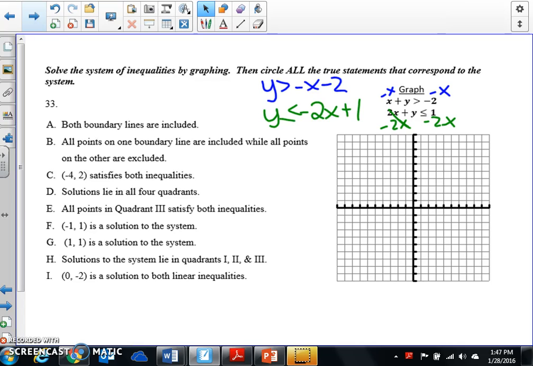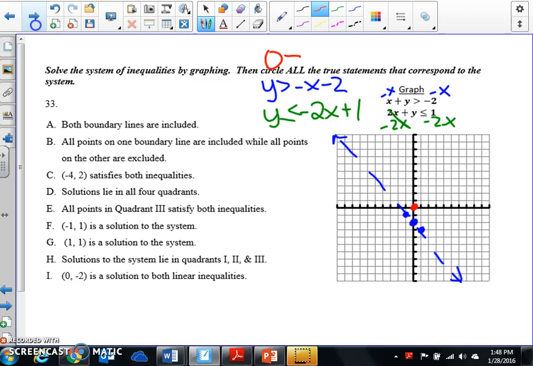Now I can graph. All right, so I go to the first one. My y-intercept is negative 2. My slope is negative 1, so I drop 1 over 1, up 1 over 1. It does not have an equal sign under there, so it's dashed. I use my test point 0, 0.